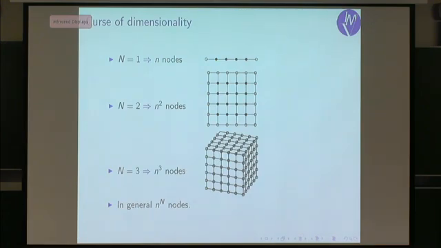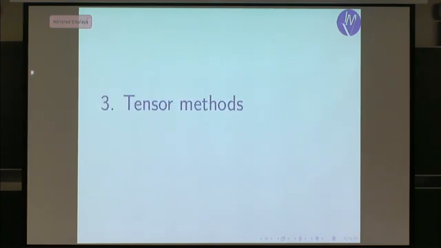So if we have capital N chemical species in our system, we would need lowercase n to the power of capital N nodes, or degrees of freedom, in our system, and this is that exponential increase in the size of our system. So this is the curse of dimensionality, and let me explain the main idea of tensor methods that enable us to somehow break that curse.